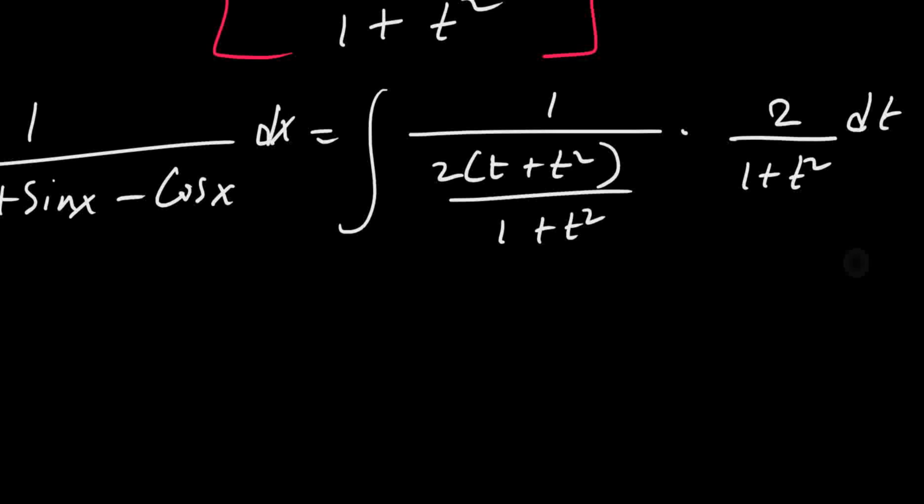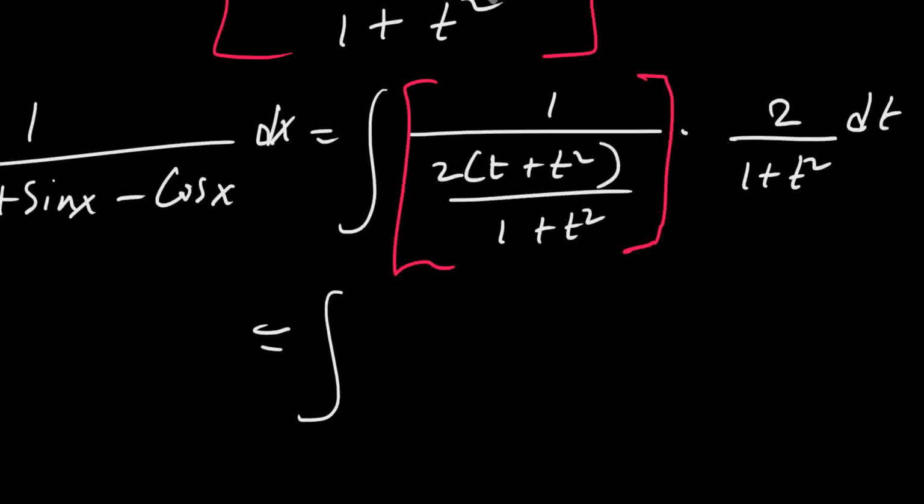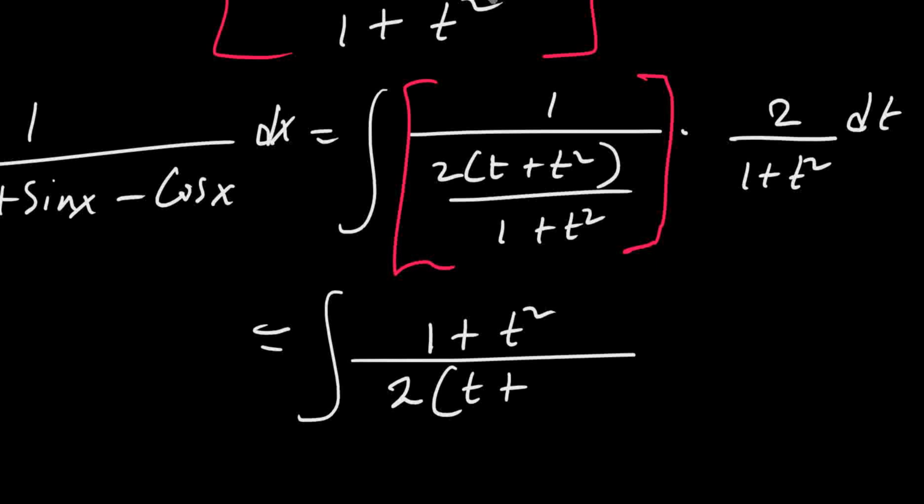So now we can simply write this as the integral of 1 plus t squared over 2 times t plus t squared times 2 over 1 plus t squared dt.